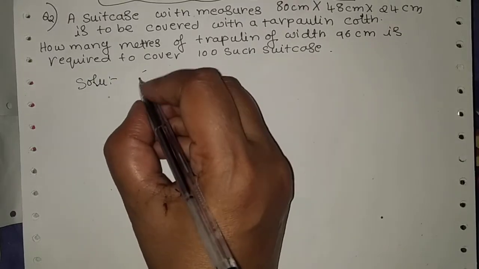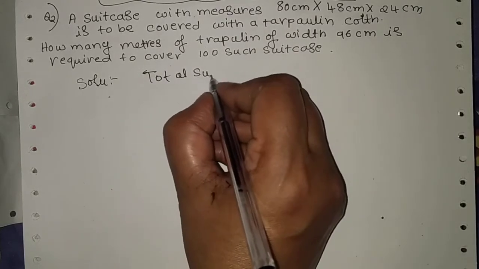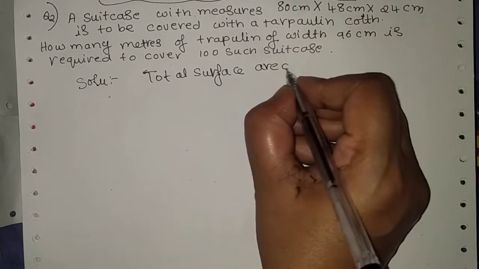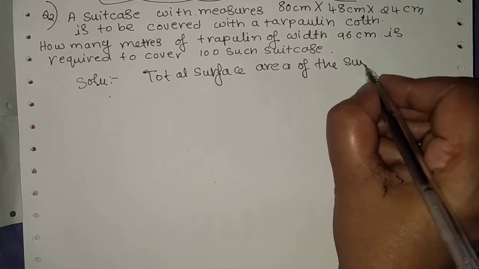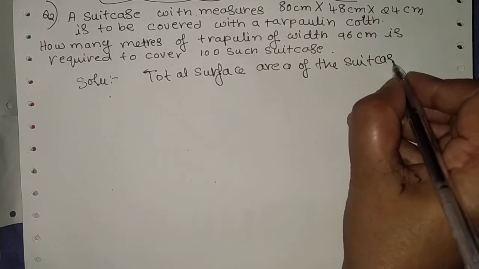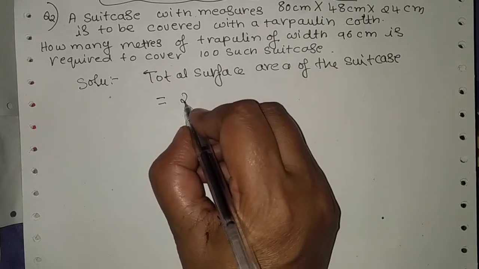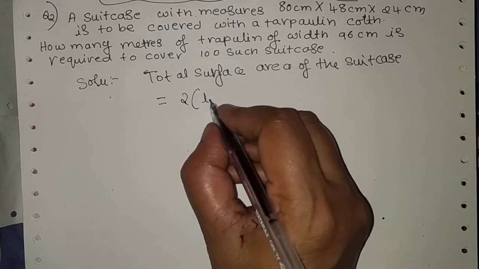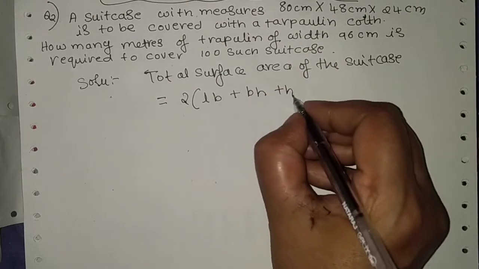First, the total surface area of the suitcase is equal to 2 into, the same formula we have to use, length into breadth plus breadth into height plus height into length.